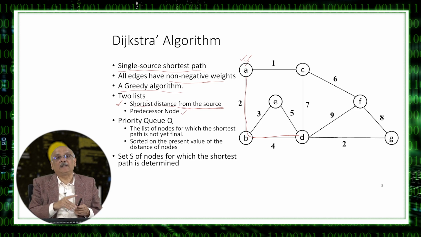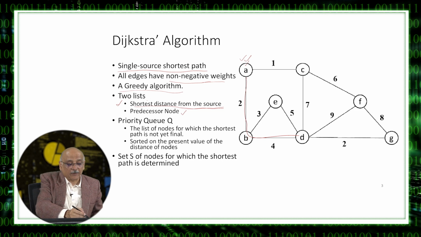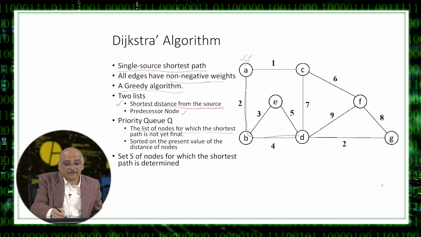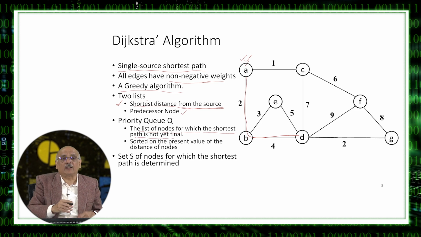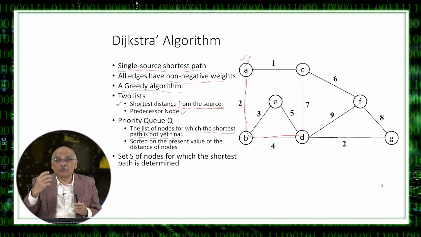Then we will be maintaining a priority queue. This priority queue is basically the list of nodes for which the shortest path is not yet final. We have the weights of the nodes, which are basically intermediate weights.